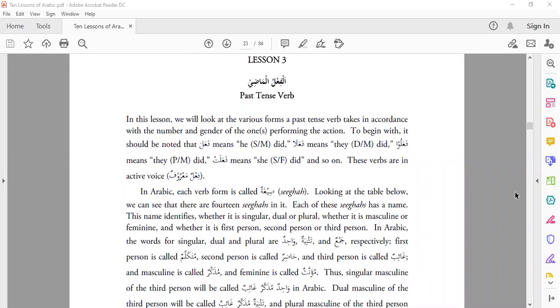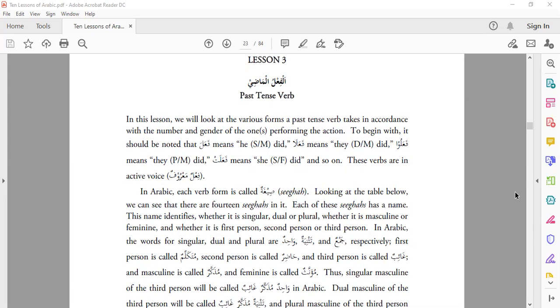In this lesson, we will look at the various forms a past tense verb takes in accordance with the number and gender of the ones performing the action. To begin with, it should be noted that fa'ala means he. S would mean singular, and M is man. So fa'ala means he, singular, man did.